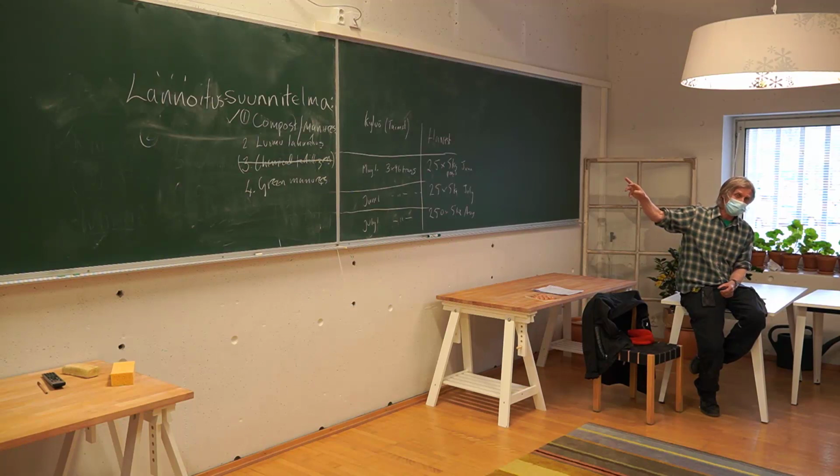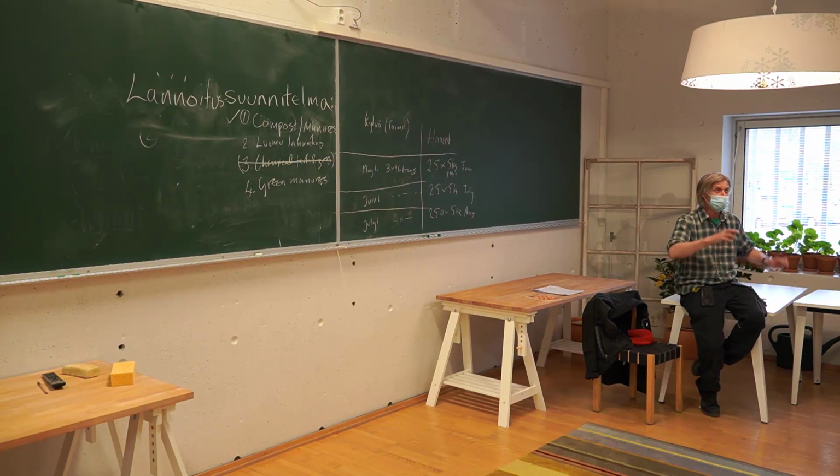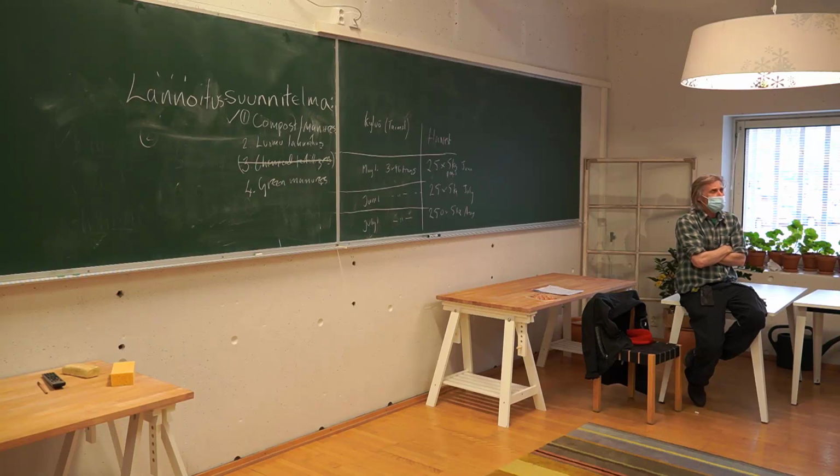Compost and manures, you need about 50 to 60 tons per hectare. So if it's 60 tons, that's 60,000 kilos. Is that almost 6 kilos per 10 square meters?